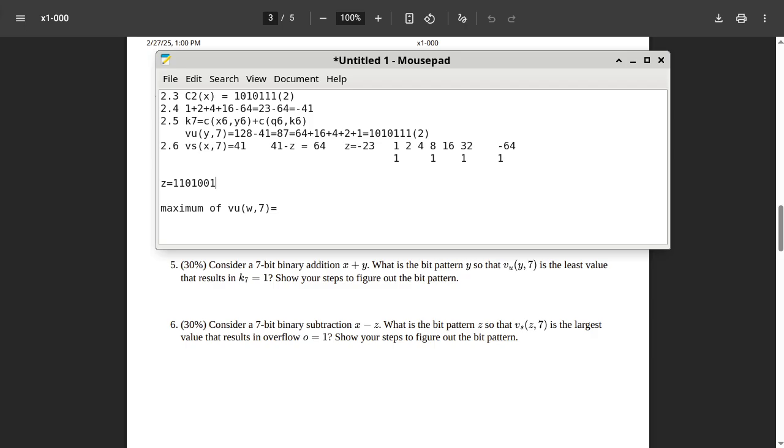Does that look right to you? Let me think. We need it to be this, so we need to add 41 to it. And this is how we specify 41.